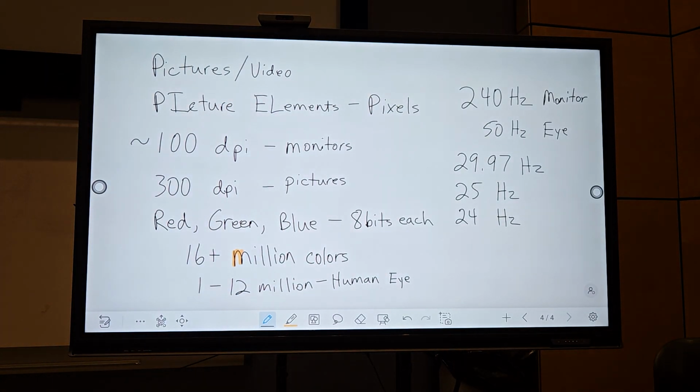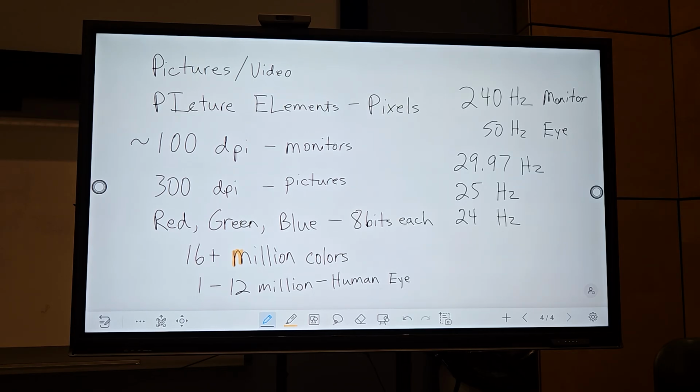So when you go to the movies, each time you see a frame, your eye is seeing it twice. Same with watching TV, whether it's in America or Europe.